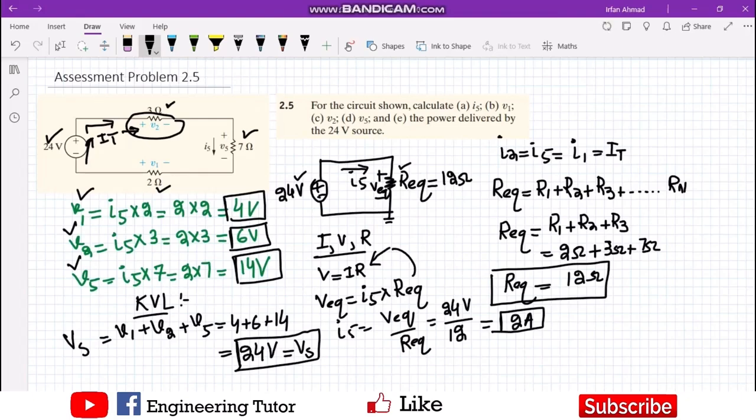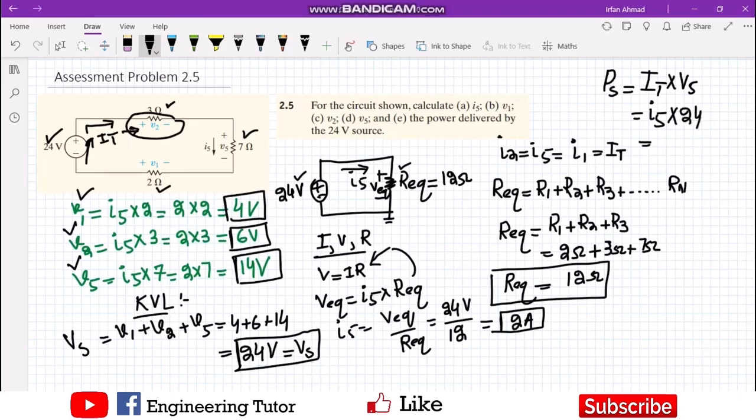Similarly, to find out the power provided by our source, which is P of S, it is calculated by the formula: the total current multiplied by the source voltage. The value of IT is I5, which is the total current in this circuit, and the value of supply voltage is 24.